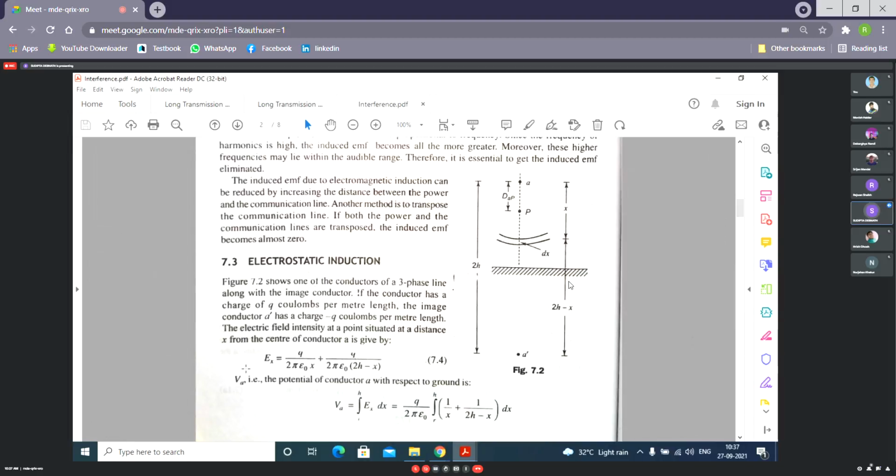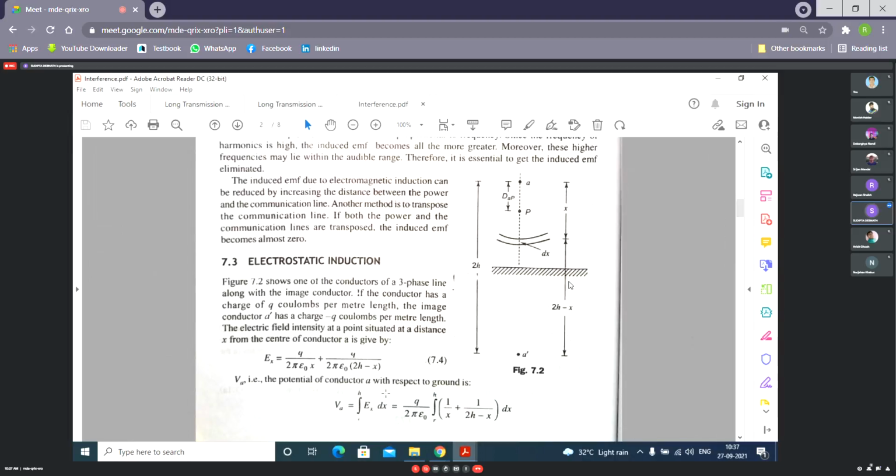Now what is the potential at this point A? For this point A, you have to integrate first the distance from itself, then we have to consider this point R, up to what distance from the ground we are considering, because VA is the potential of conductor A with respect to the ground.